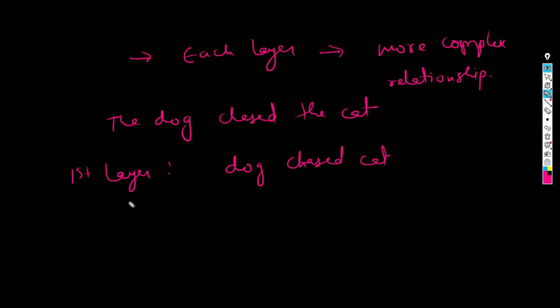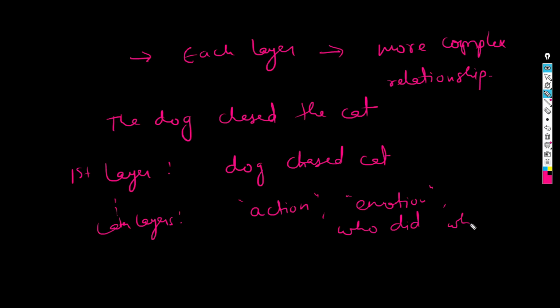In the latter layers, it will understand things like the action, emotions, something like who did what. So in general, the more layers, the deeper the understanding.